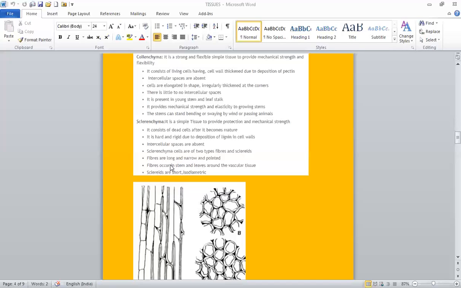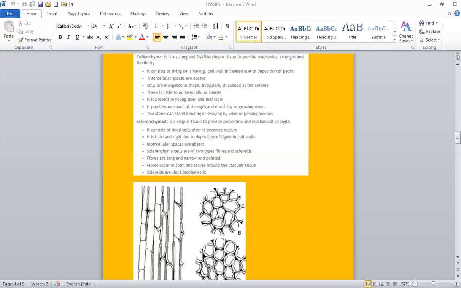This bending, this flexibility, is due to the presence of collenchyma. You can see the collenchyma tissue in the figure also. See, it is somewhat pentagonal, with irregular thickening and very little or no intercellular spaces.